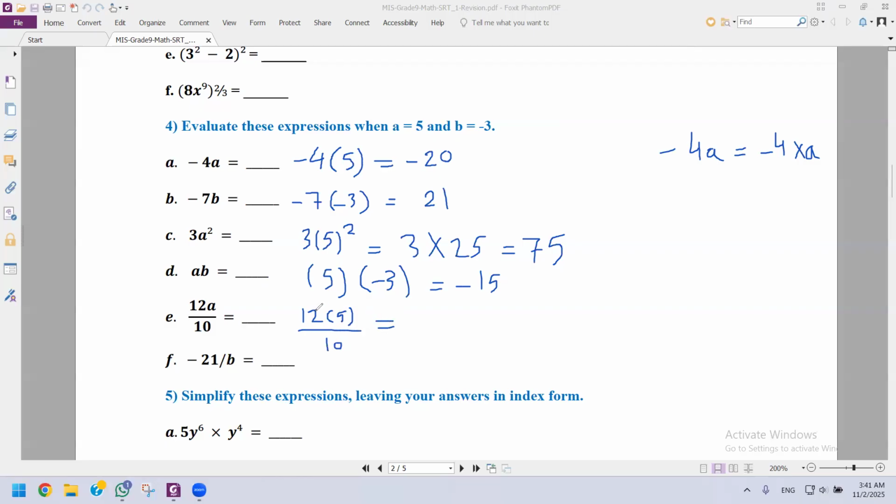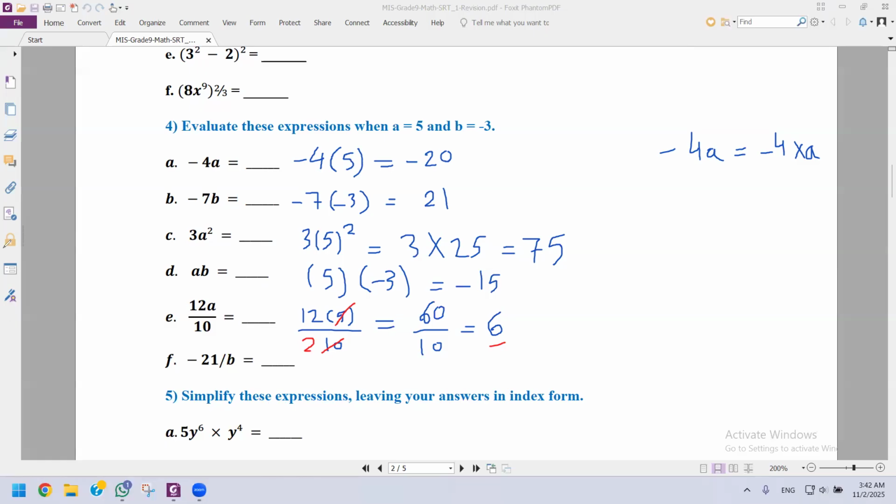You can multiply 12 times 5 is 60 over 10. And then do the division, which is 60 over 10 is 6. Or you can simplify before multiplication. You can say this 10 is divided by 5, which is 2. And this 5 is divided by 5, so it's cancelled. So 12 divided by 2 is 6.